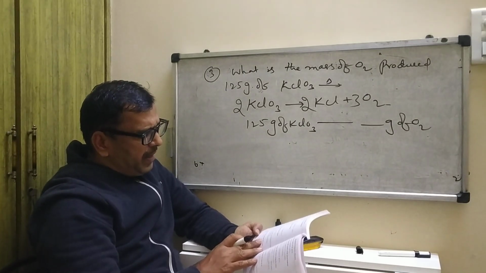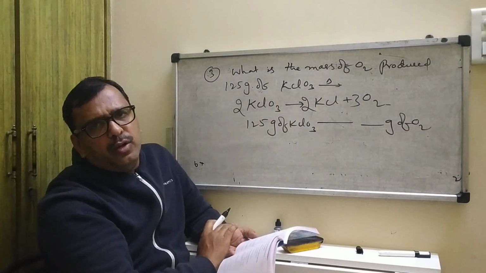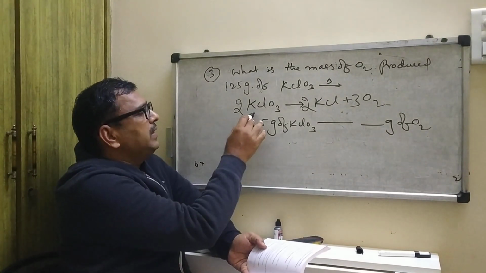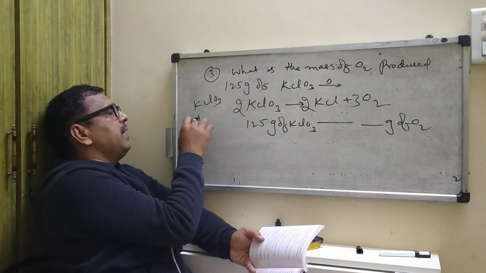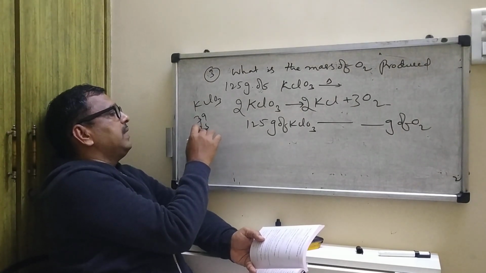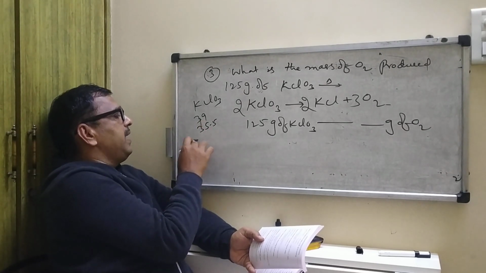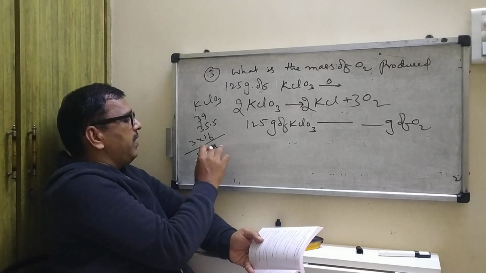Here you have to calculate the molecular weight of KClO3. That is 39 for potassium, chlorine is 35.5, then 3 into 16. You will get 122.5 grams.